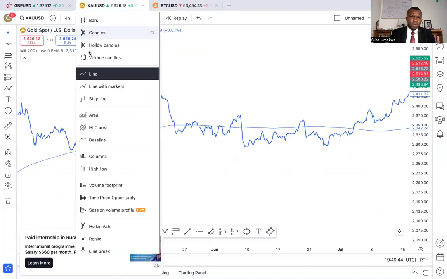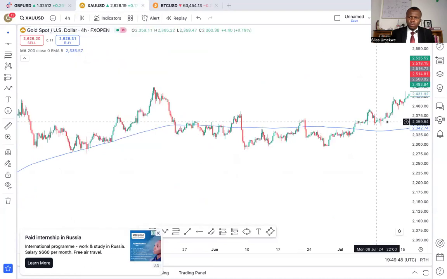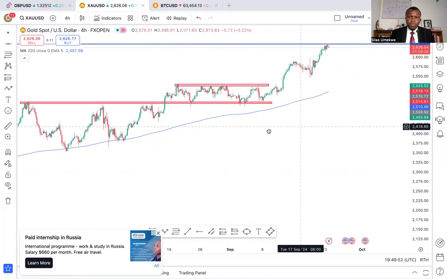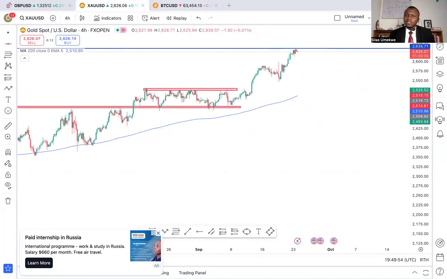Let's get back to our candles. Look at this. This is a clear rectangle pattern.